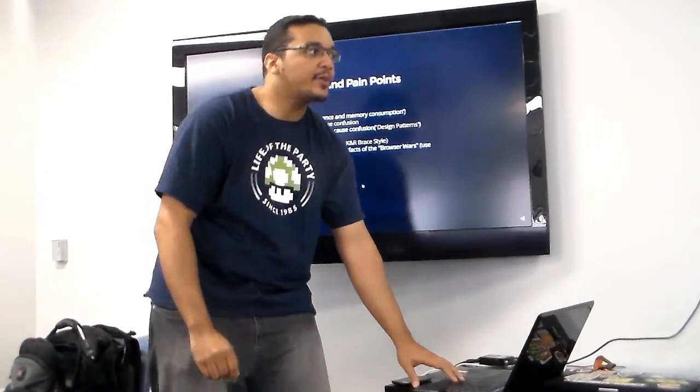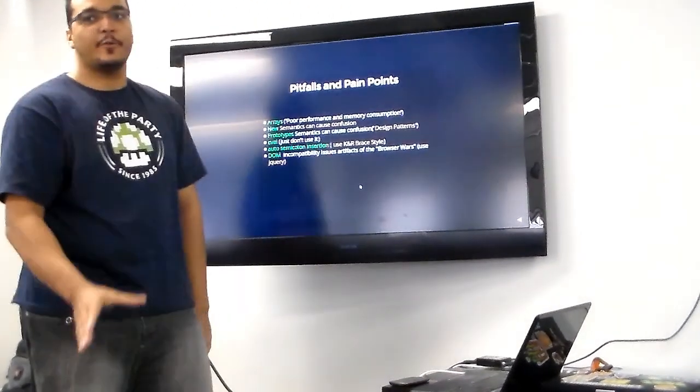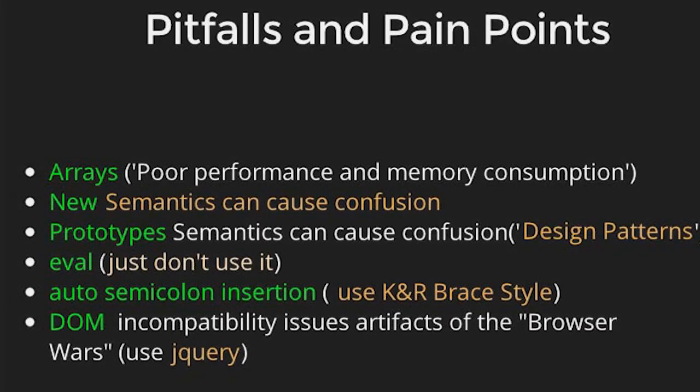Okay, so more pitfalls. Arrays. Arrays in JavaScript are not like arrays in other languages. They're actually referred to as fake arrays in JavaScript a lot of times, because arrays are essentially objects with a property that contains an index. So why is this different? In memory, they're located in different places. If you're from a C or C++ background, you know arrays are chunks of memory. This is not true in JavaScript.